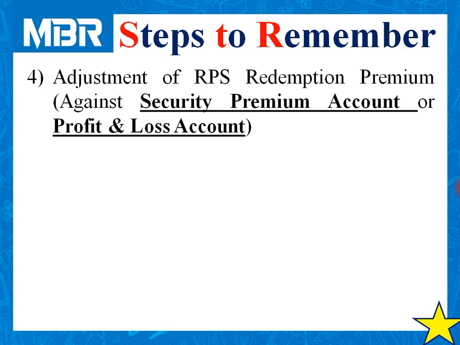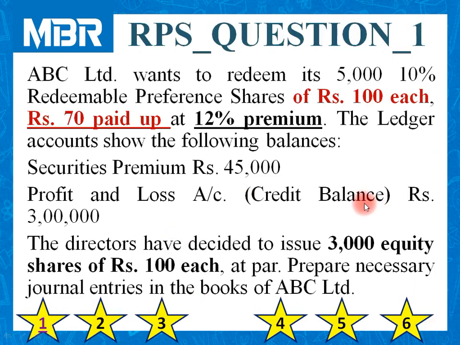Now, as per the information given, company decided to issue 3000 equity shares of rupees 100 each. So you can easily check over here, 3000 equity shares multiplied by 100 rupees. Total amount collected by the company using the option of new issue is 3 lakhs.